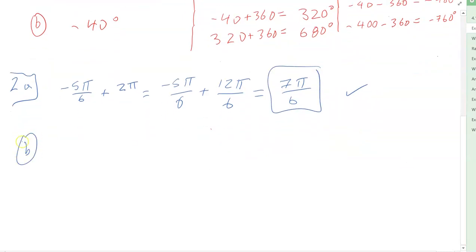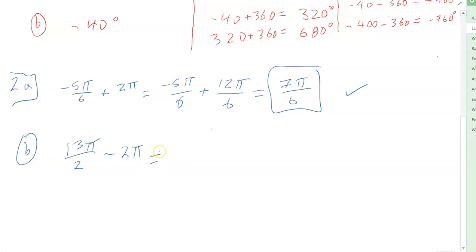Now for part B, we have 13 pi over 2. And we want to get this to between 0 and 2 pi. But because 13 pi over 2 is bigger than 2 pi, because 2 pi is the same as 4 pi over 2, now we want to minus 2 pi until we get the final angle to be between 0 and 2 pi.